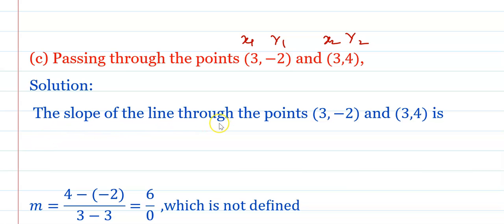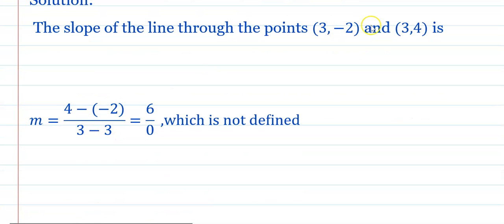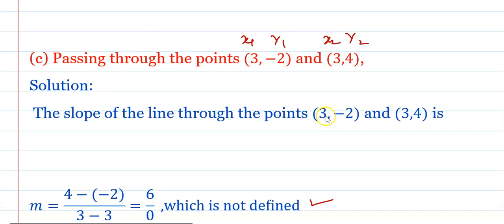The slope of the line passing through (3, minus 2) and (3, 4) is again the difference of y coordinates upon the difference of x coordinates: 4 minus in bracket minus 2 upon 3 minus 3. This minus and minus will become plus, 4 plus 2 is 6. 6 upon 0 is not defined, and hence it's parallel to the y-axis. Therefore, its slope is not defined.